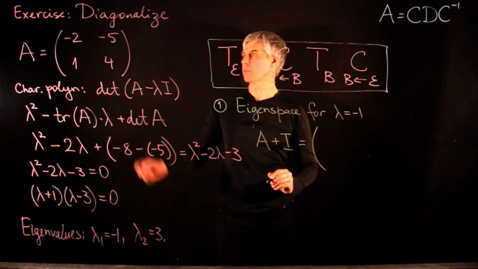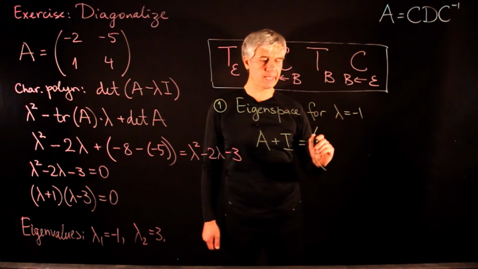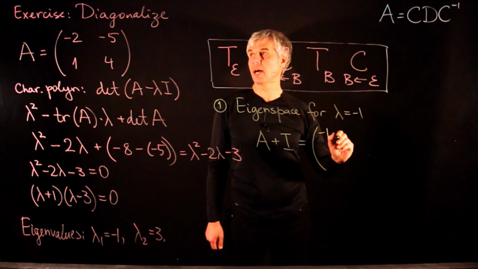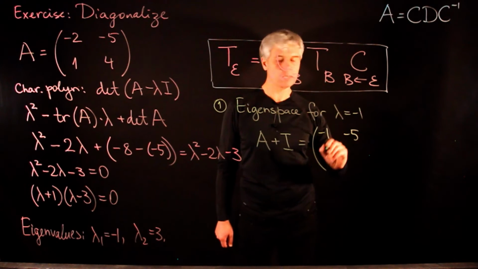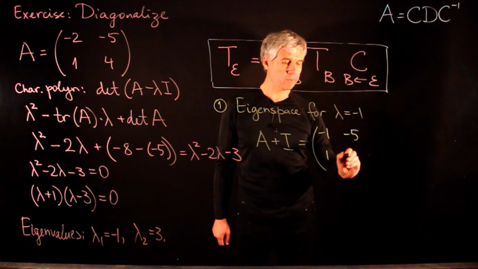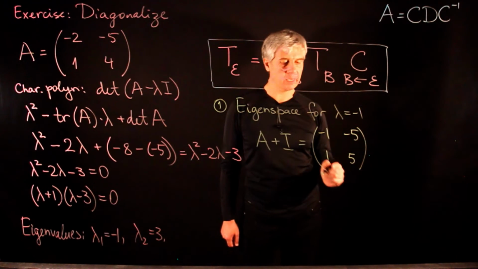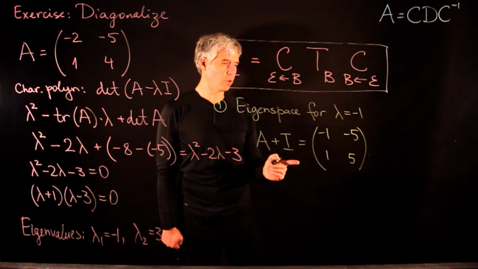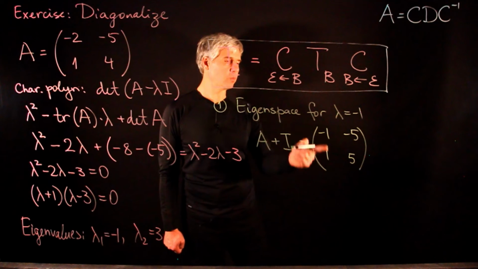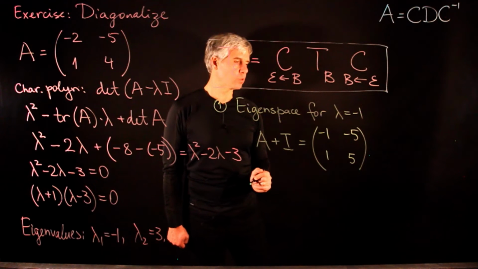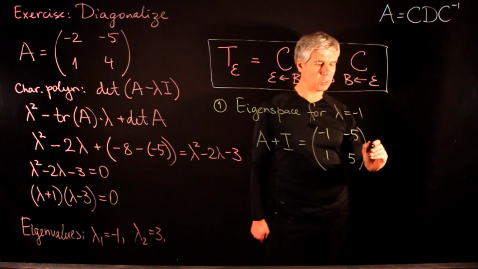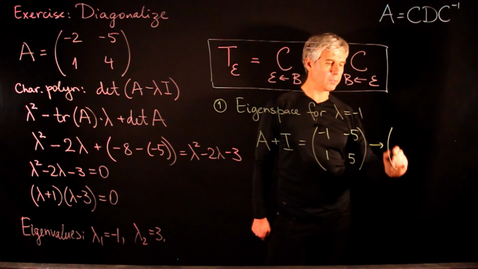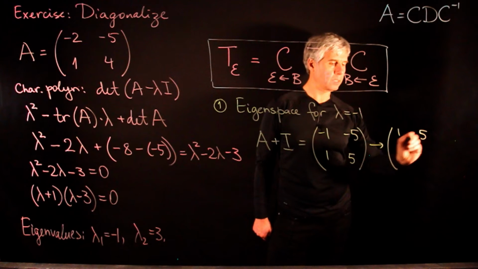So this matrix will be, so we add 1 to the diagonal entries: -1, -5, and 1, 5. And we are guaranteed to have a 0 row in row echelon form. And indeed, here we see that these two rows are proportional, and the reduced row echelon form will be the matrix 1, 5, 0, 0.